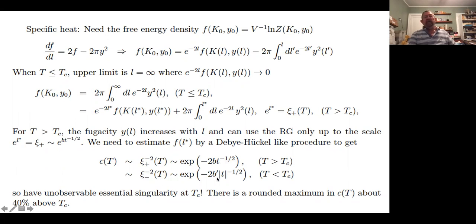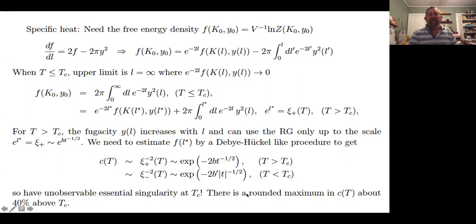And it behaves the same way for below TC. So in other words, the specific heat has an unobservable essential singularity at TC. You can't see it because it's vanishingly small.